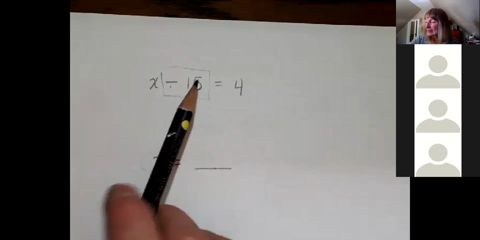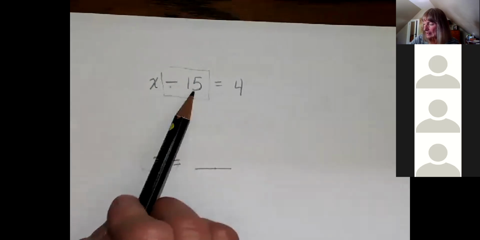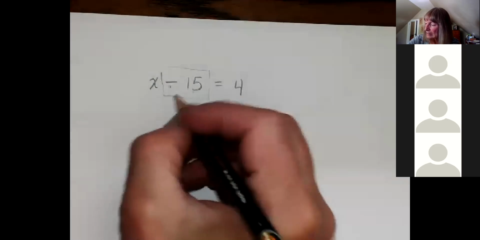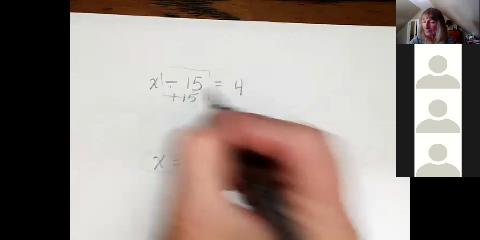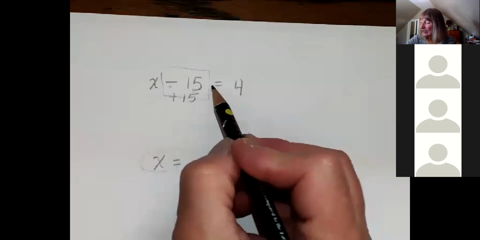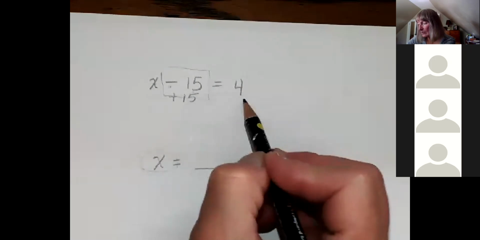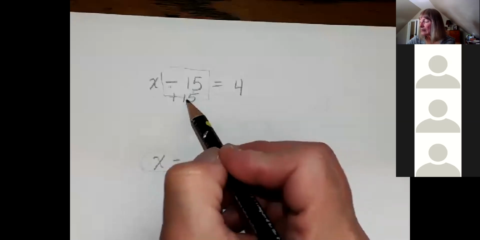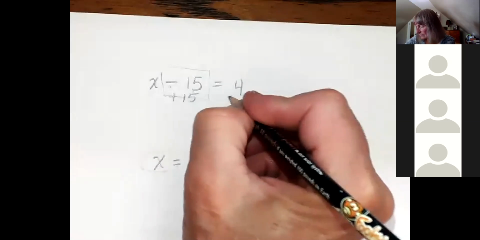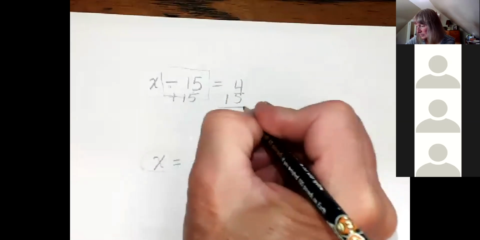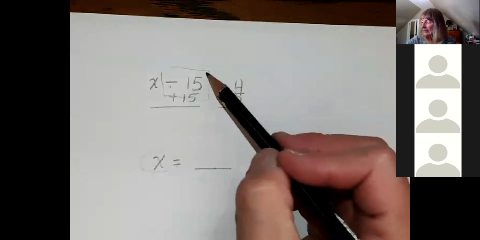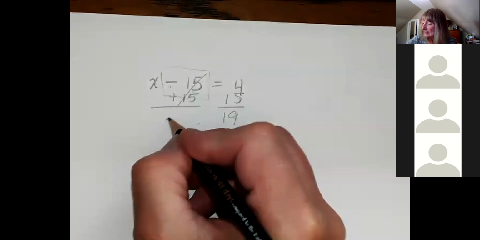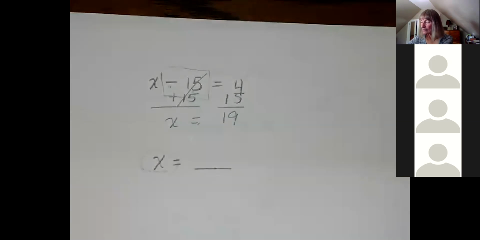The way I can make it go away is to do the opposite, which would be add 15. But since this is an equation, we want to keep it equal on both sides. If I add 15 to this side, I better make this one 15 bigger also. These cancel out. 4 and 15 is 19. And we end up that X equals 19.